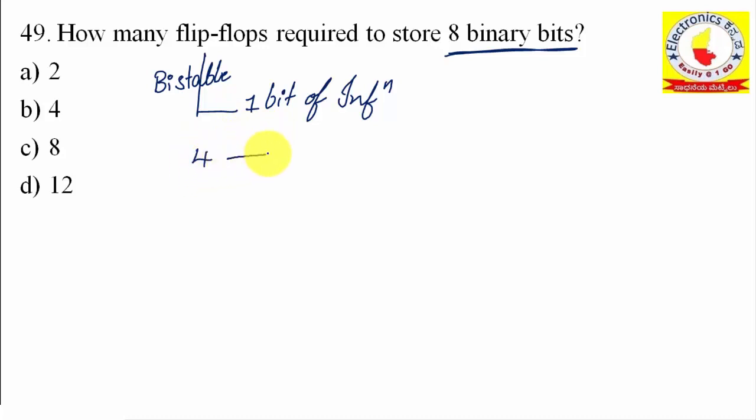So to store 4 bits, we need 4 flip-flops. To store 8 bits, 8 flip-flops are needed. Right? So this is very very important. The flip-flops are SR flip-flop, JK flip-flop, JK master slave flip-flop, D flip-flop and T flip-flop. So whichever flip-flop is used in order to store the data, right? Which option comes here? Option C is going to follow.